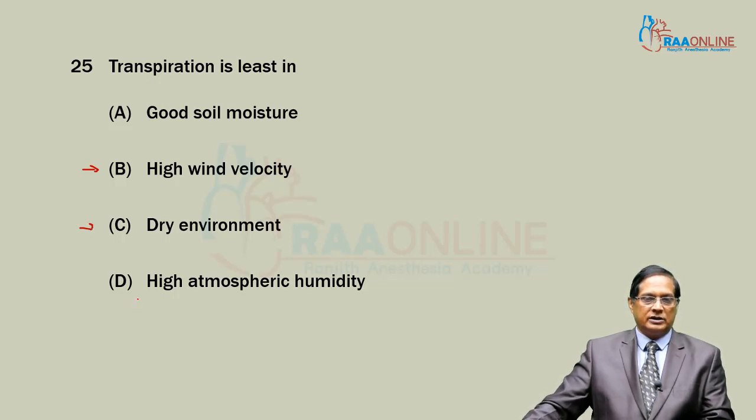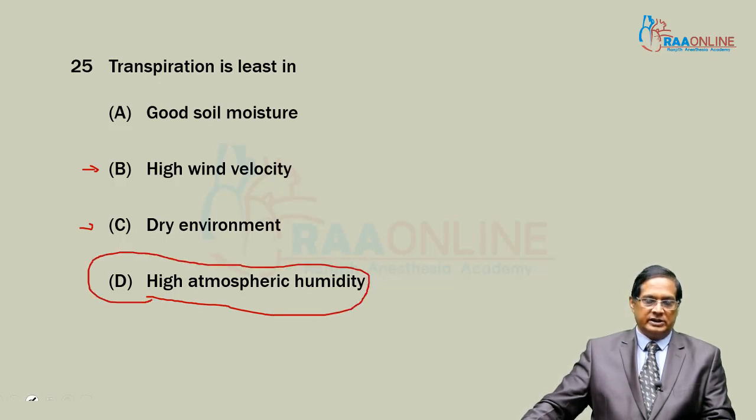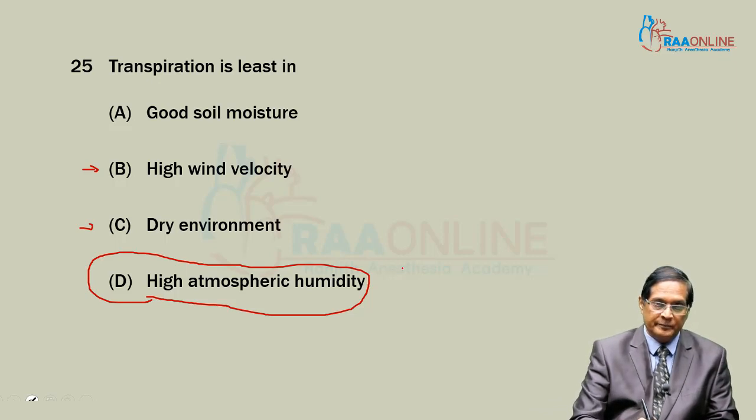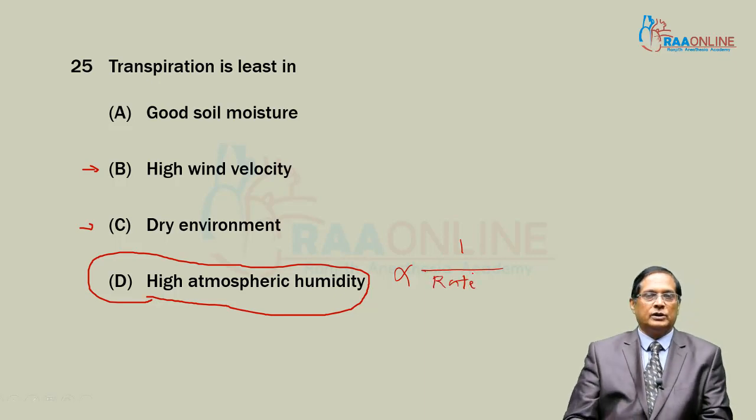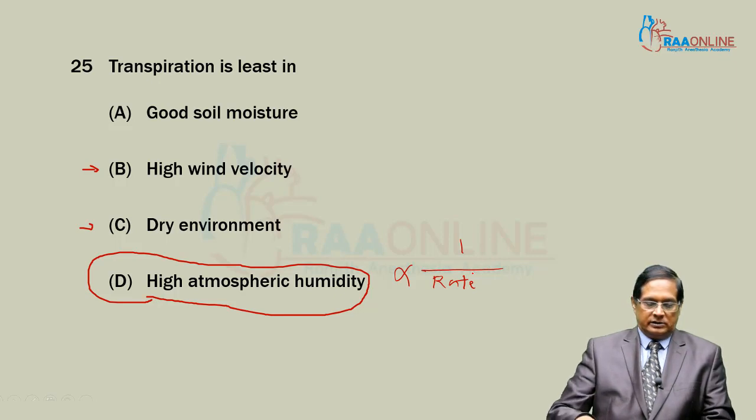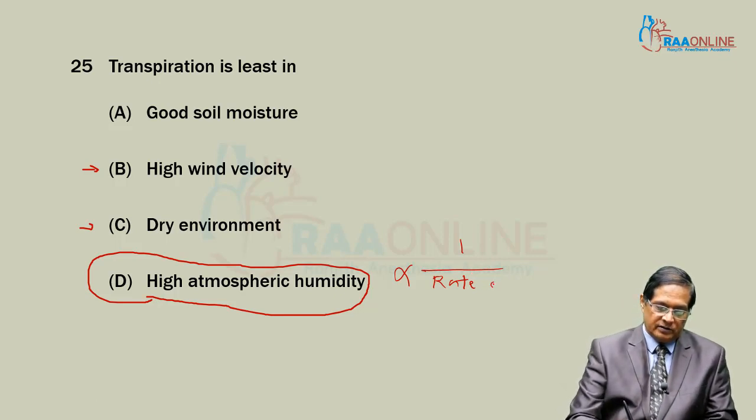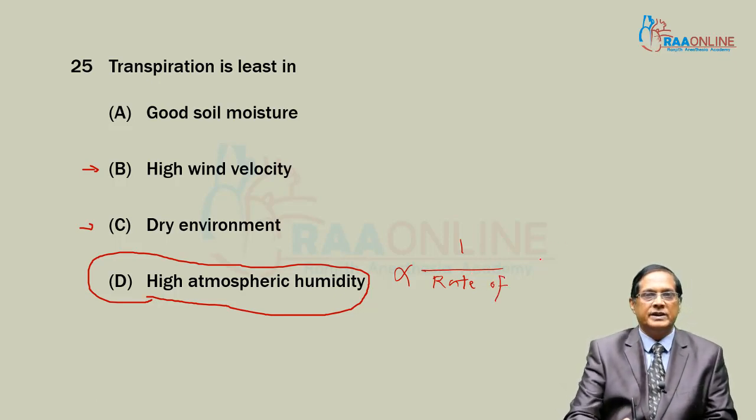If there is humidity, atmospheric humidity is inversely proportional to the rate of transpiration, because in transpiration water is lost in the form of vapors.